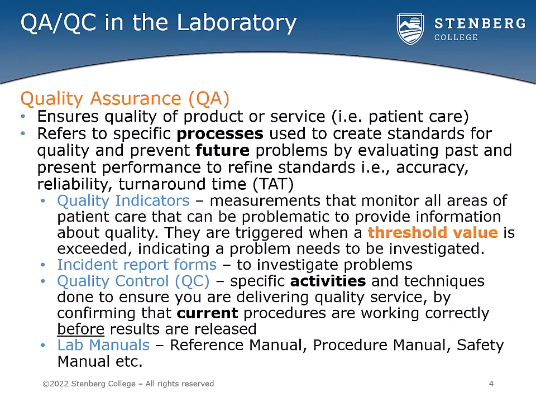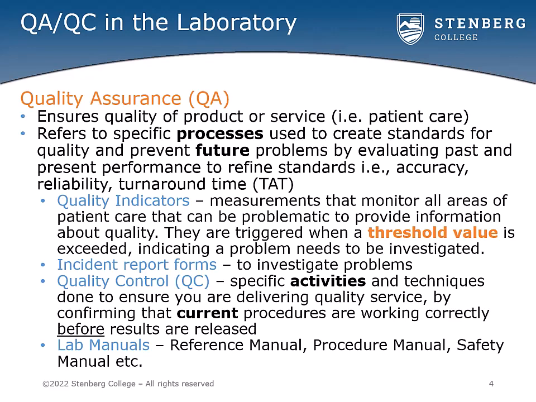Quality control, or QC, falls under the umbrella of QA, and it refers to specific activities and techniques that are performed to confirm that you're delivering quality results. This is done by ensuring that current procedures are working and to detect problems and fix them before any results are released.